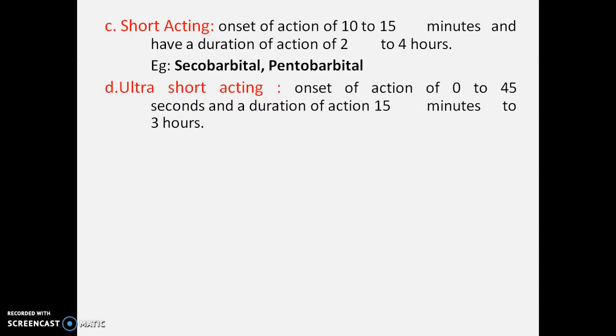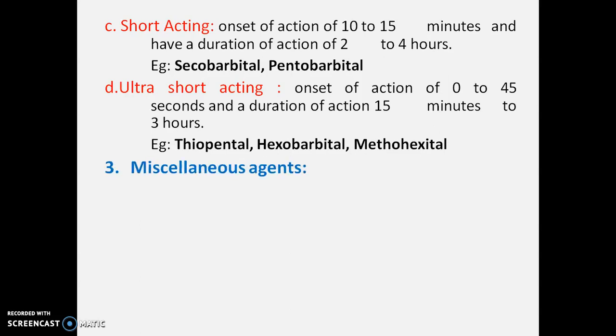The fourth class is ultra short acting barbiturates, whose onset of action is 0 to 45 seconds and duration of action is 15 minutes to 3 hours. Examples include thiopental sodium, hexobarbital, and methohexital.